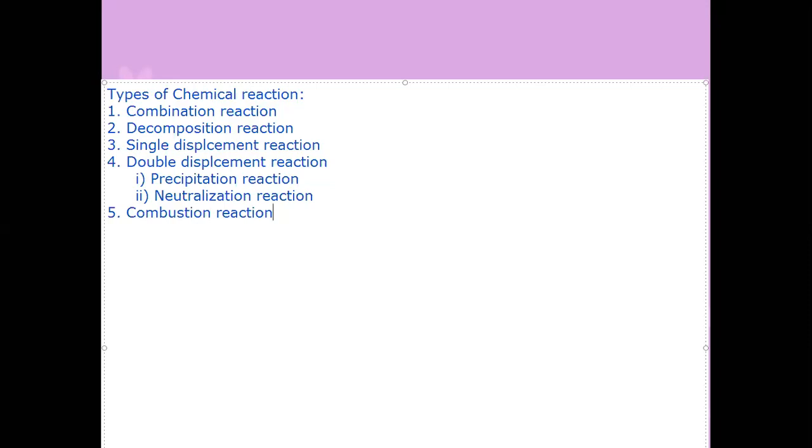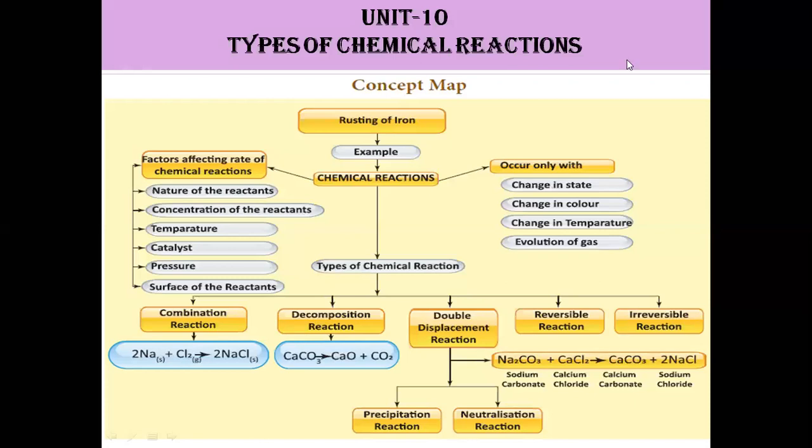There are 2 types, that is reversible reaction and irreversible reaction. Okay, so this is a small introduction to unit 10, types of chemical reactions.